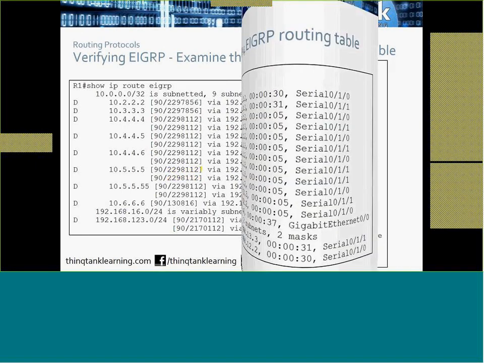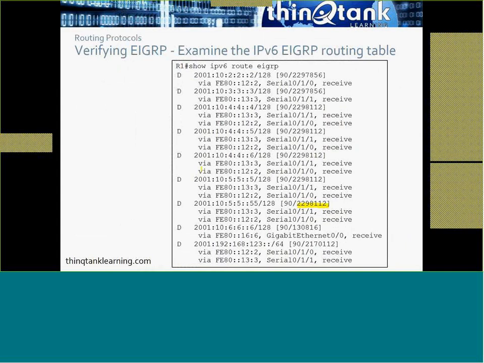So even the metric calculations are the same between both protocols, between both stacks. I guess my point is you don't have to relearn everything when you go to IPv6. All the theory, all the fundamentals, everything about the algorithms, everything about the metrics, it's all exactly the same between protocol stacks.